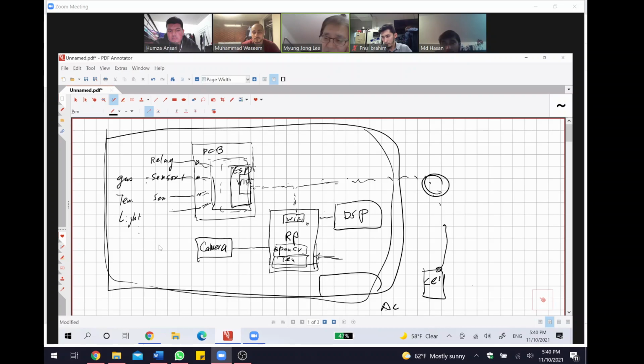You can design it either in the PCB or the Raspberry Pi. We prefer the ESP PCB. The ESP board itself can also run Linux, and the Raspberry Pi can run Linux too. Both of them are computers, and you can put things on them.